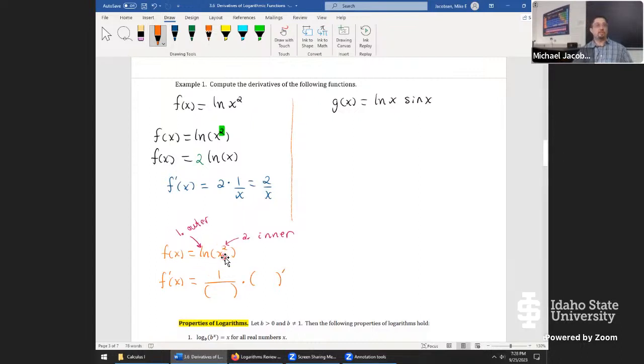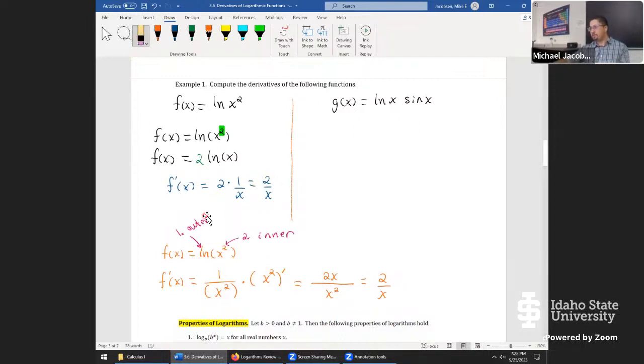The input itself is x squared, so that means x squared goes here and here all at once. Then it's just about done. We can copy our x squared to the denominator. This x squared, which is being differentiated, is multiplying inside the numerator, so I'm just going to write it in right here. The derivative of x squared is 2x. Then we can reduce. 2x divided by x squared becomes 2 over x, matching up with this right here.